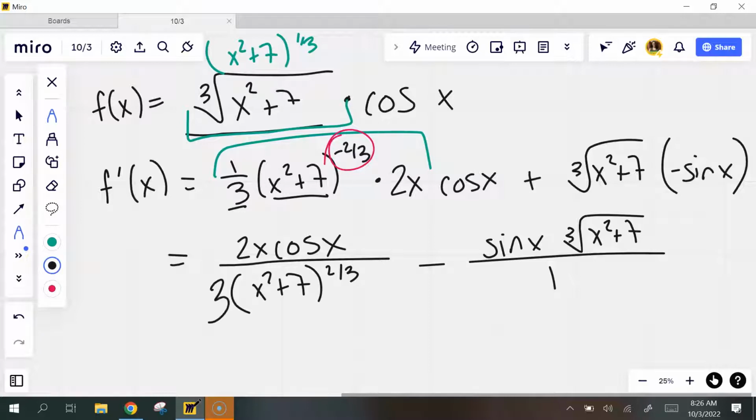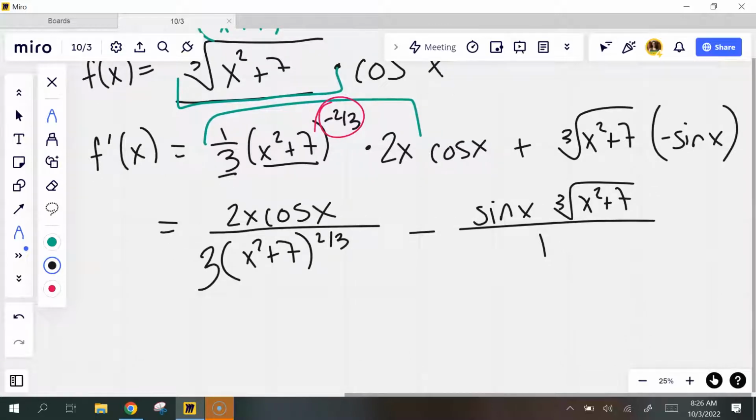Great. Now I need a common denominator, right? So since this is 1, it makes my common denominator fairly easy. I'm just going to do 3 times x squared plus 7 to the 2/3. And I have to do it here as well.